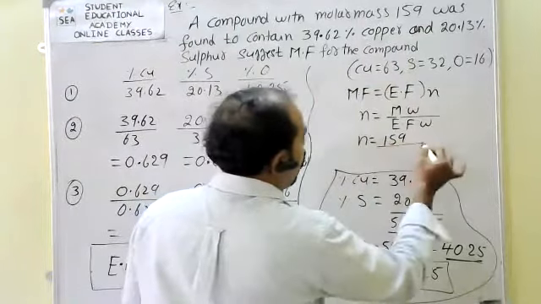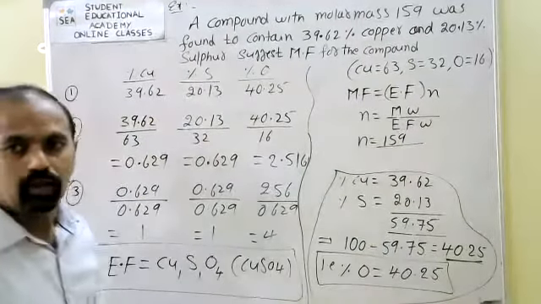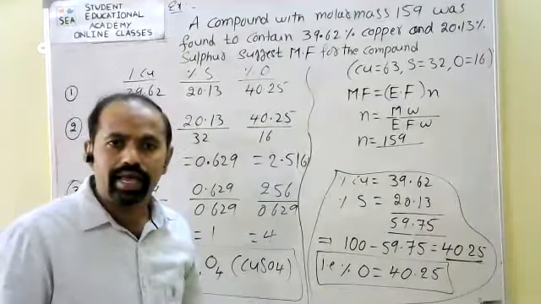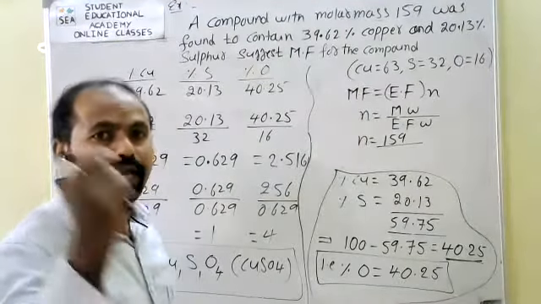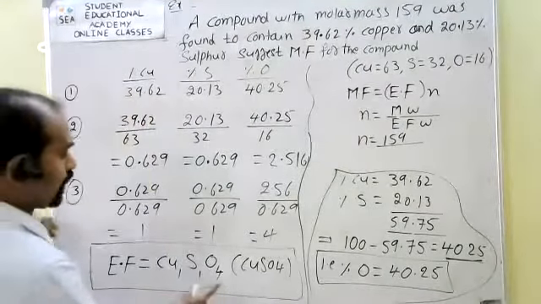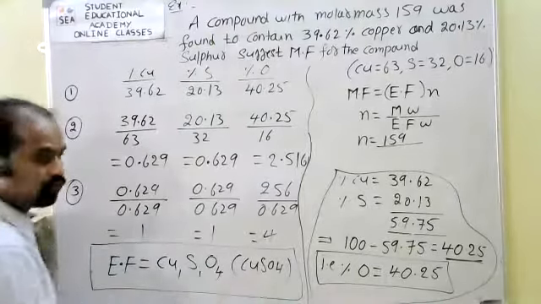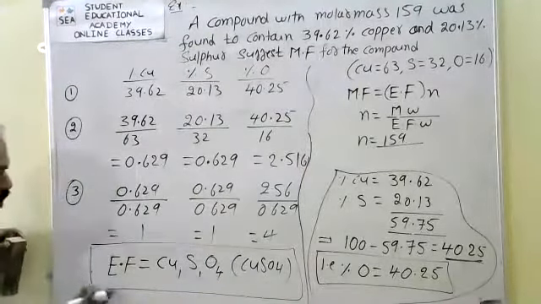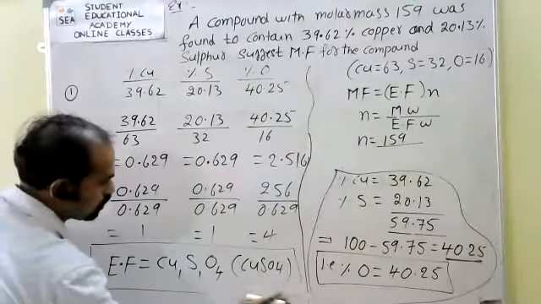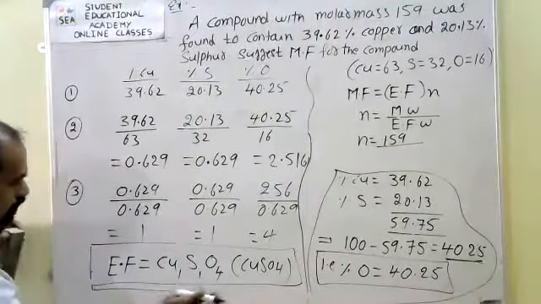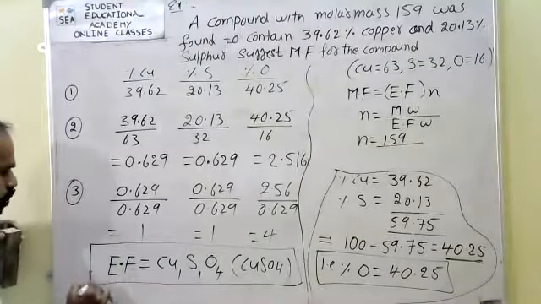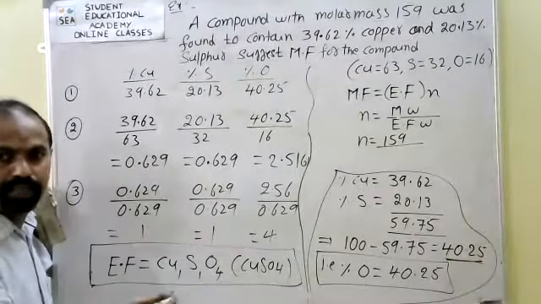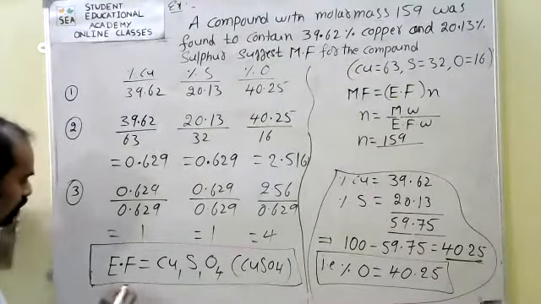Molar mass, how much is given? 159 upon, okay, now calculate the empirical formula weight. What is the empirical formula? CuSO4. Find out this empirical formula weight. How much? Same method: how do we calculate molecular weight, by using the same method we calculate empirical formula weight.